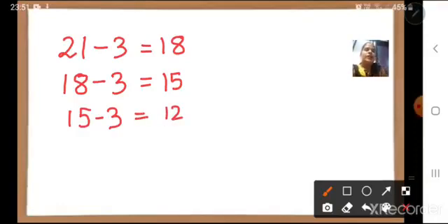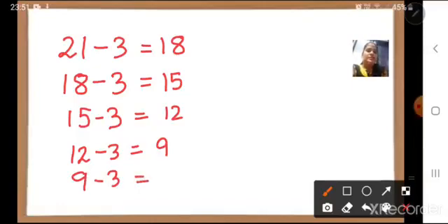Now 12 candies are remaining. In the next line we will write number 12. Then again we will do minus 3: 12 minus 3 is equal to 9. Now 9 candies are remaining. Out of 9 candies, again she gives 3 more candies to her friend. So 9 minus 3 is equal to 6.